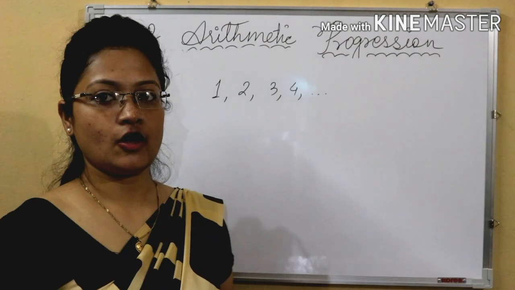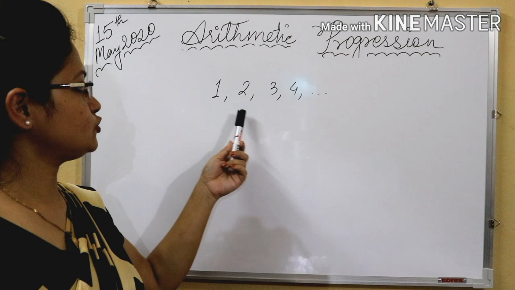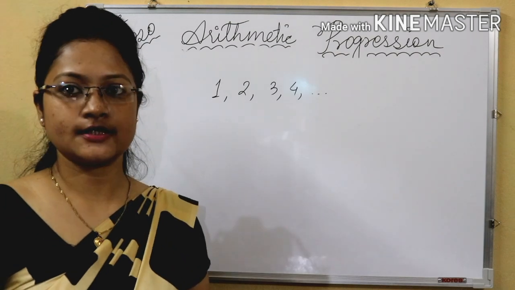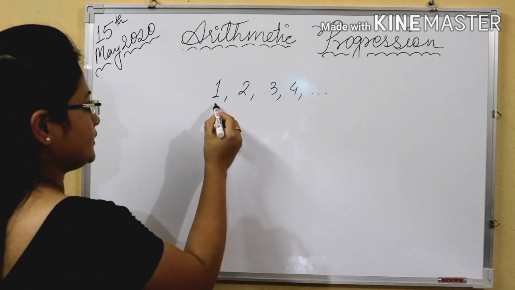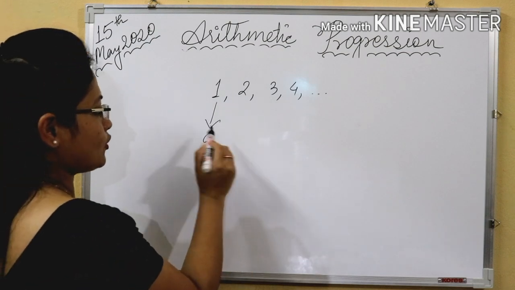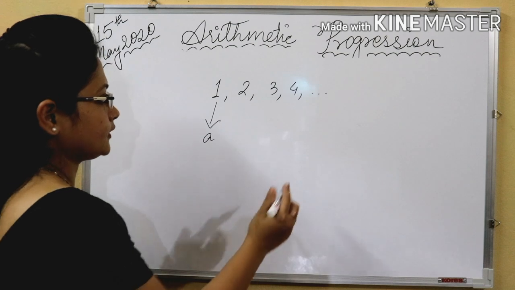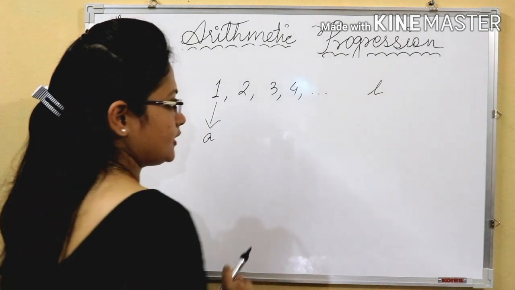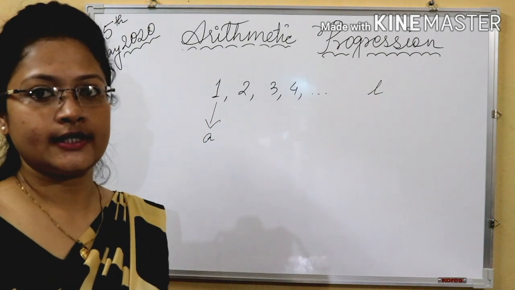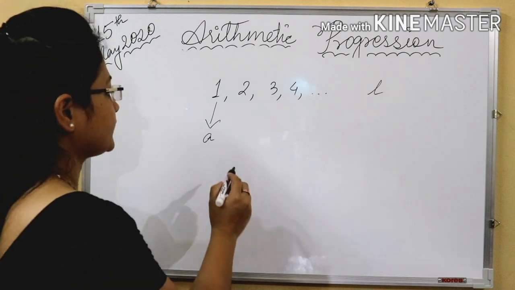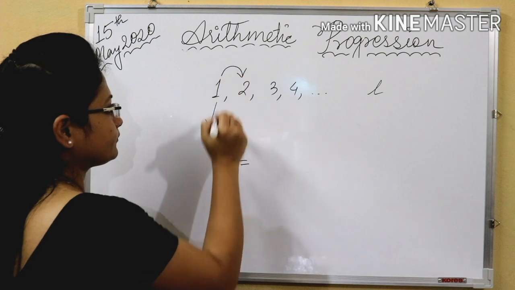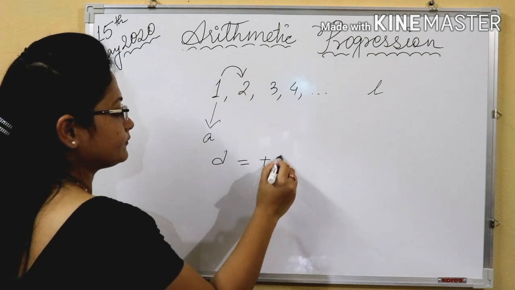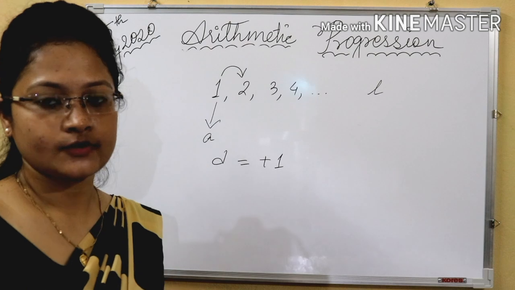More examples of AP: if I consider 1, 2, 3, 4, these are the natural numbers. So this 1 will be considered as small a. The last term we don't know, we will denote it as small l. And what will d be here? Yes, it will be plus 1.